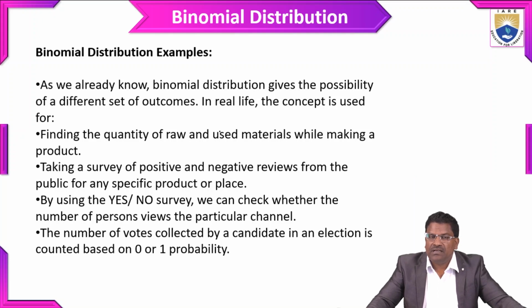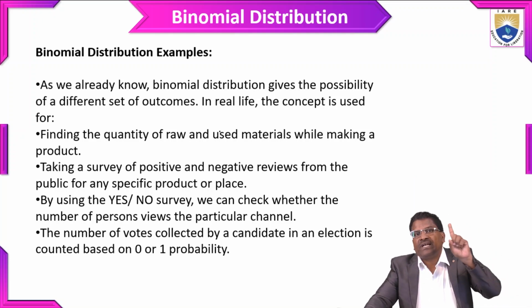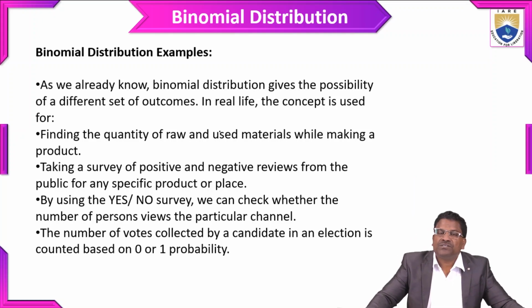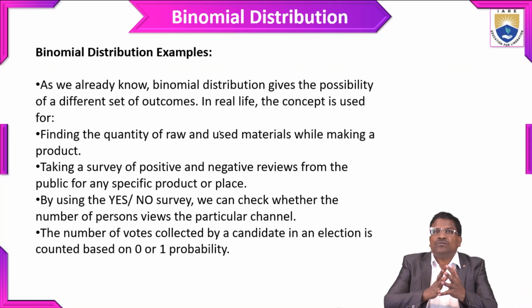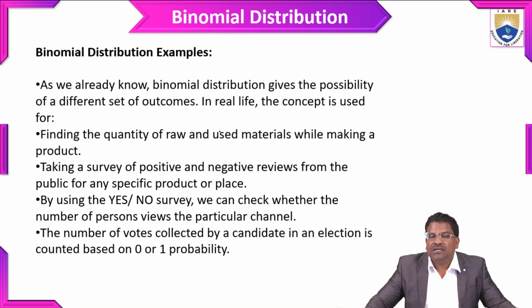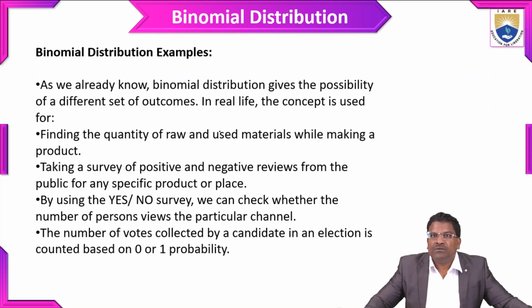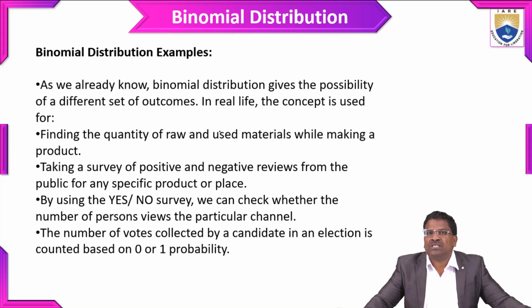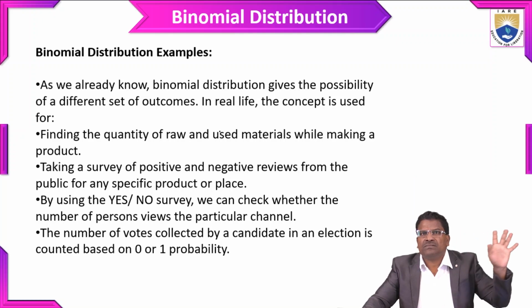Bernoulli distribution. When does it come? When the number of trials n is equal to 1. So, if n is equal to 1, the binomial distribution reduces to Bernoulli distribution, and that entire process is known as Bernoulli process. In a Bernoulli process, there is only one trial, yes or no, success or failure, that's all.